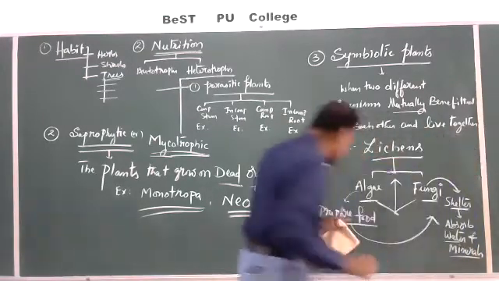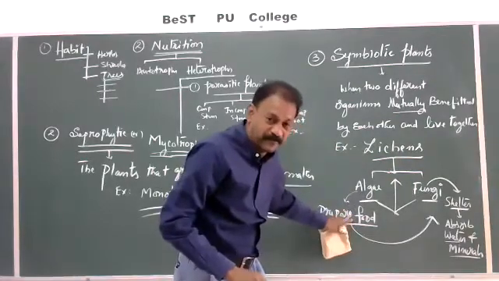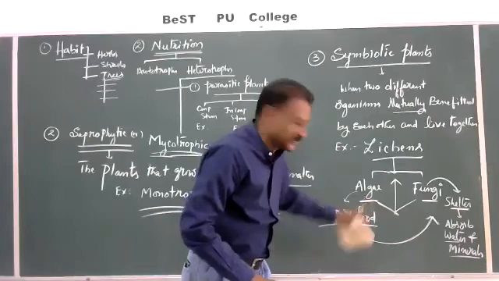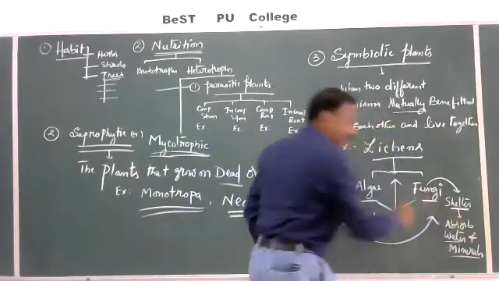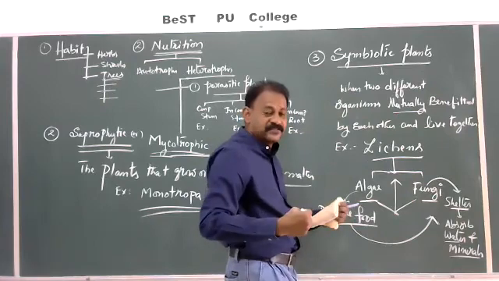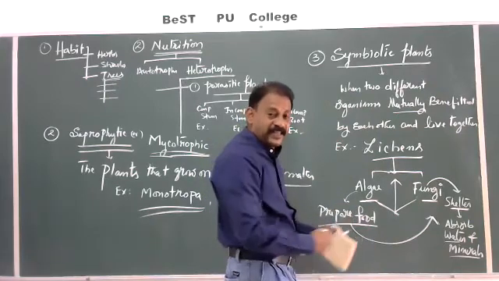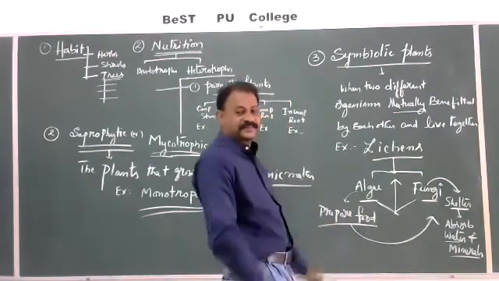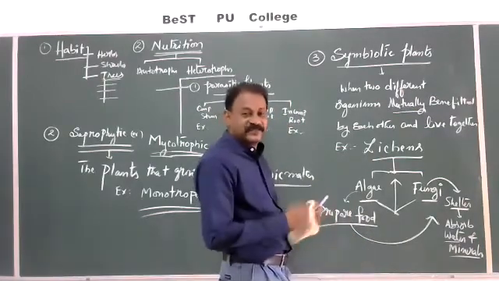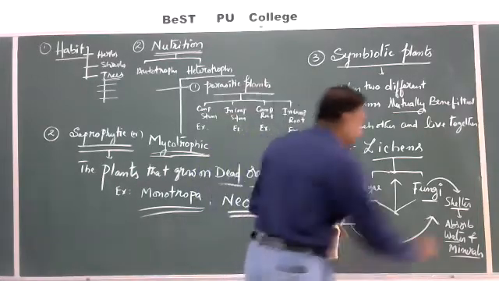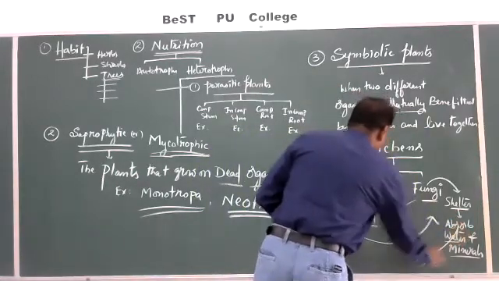So for the process of photosynthesis, to prepare food material, algae requires water and minerals. Fungi have the capacity to absorb more water from the soil, from the surrounding area wherever it is living, and along with the water it will take mineral elements, mineral ions. So these mineral elements along with water will be supplied to the algae.